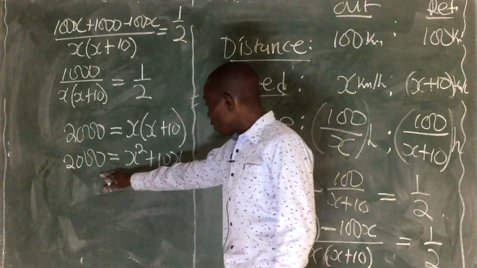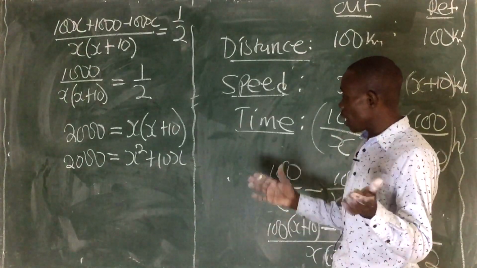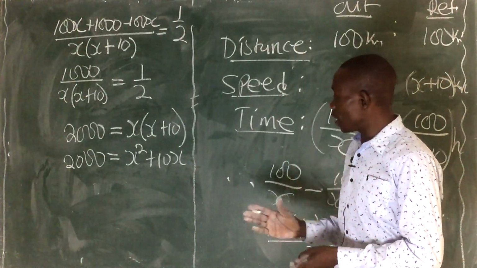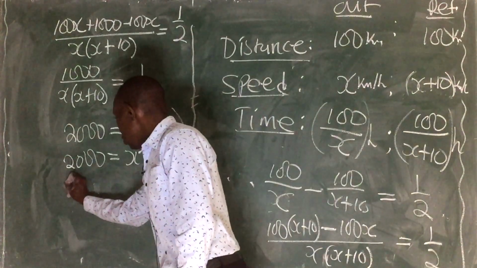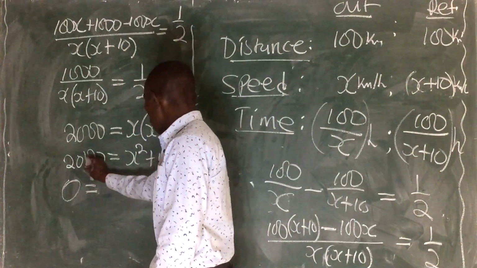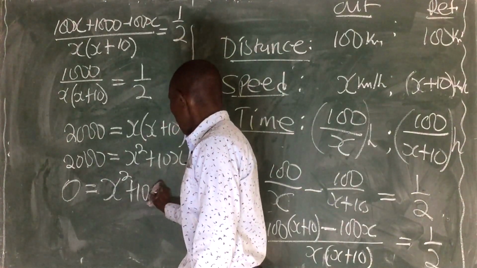So the first step to solve the quadratic equation is by expressing the equation to 0. So what I have to do here is make sure that terms from one side go off to the other side. So I'll decide to transfer the 2000 to the right hand side and have your x squared plus 10x.